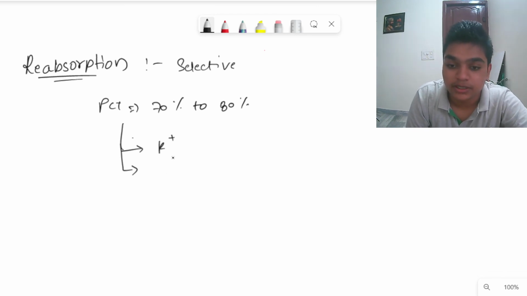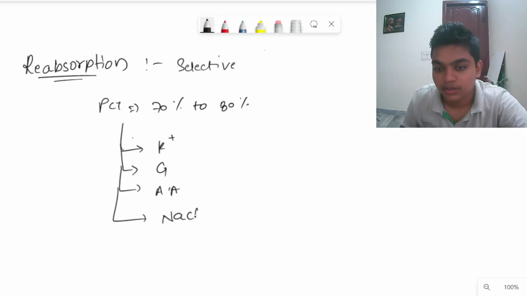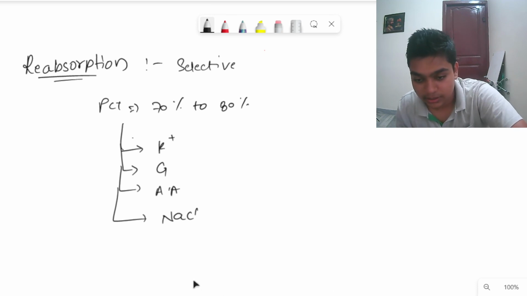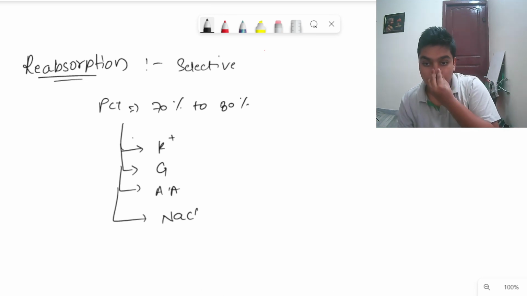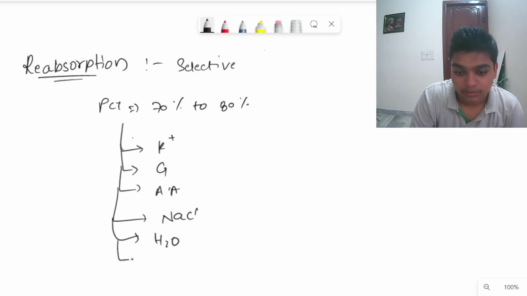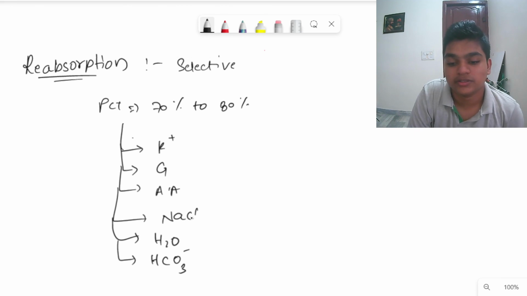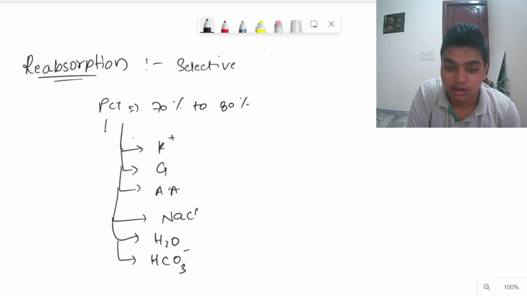Remember, K plus, glucose, amino acids, NaCl, water, hydrogen carbonate, HCO3 minus. These are being reabsorbed.